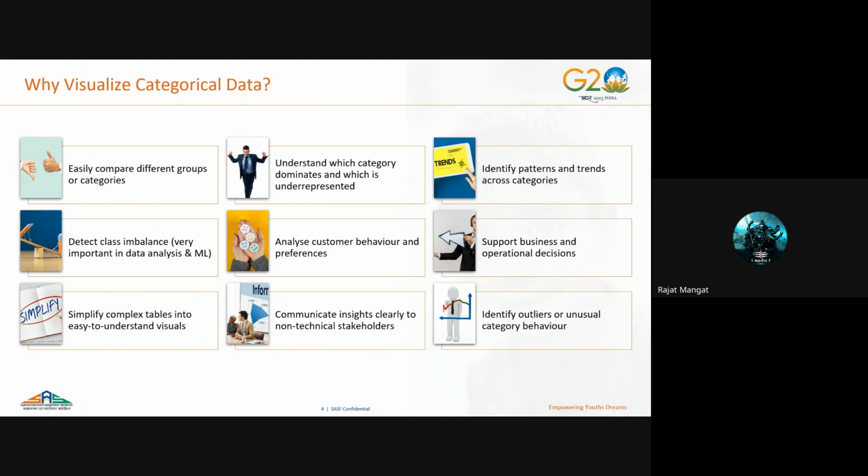There might be a hidden factor behind it, or some factors like geopolitical factors, like Trump imposing sanctions, etc. So there can be unprecedented factors that come under unusual category behavior. So you are going to use this kind of categorical data visualization in order to tackle that.